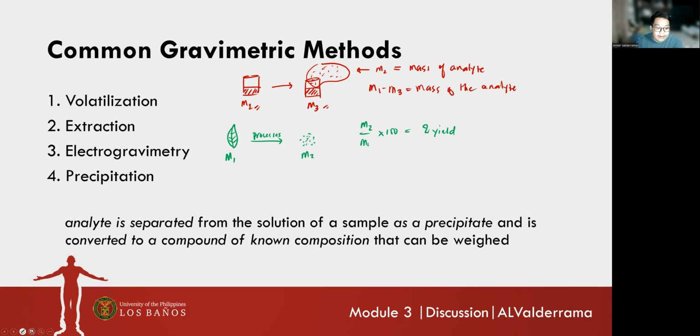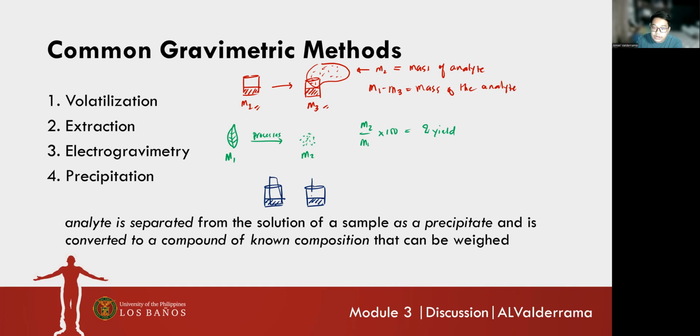How about electrogravimetry? For electrogravimetry, we make use of electrochemistry, or the application of electricity in chemical reactions. Here we may have two beakers with corresponding solutions wherein your electrodes are submerged.